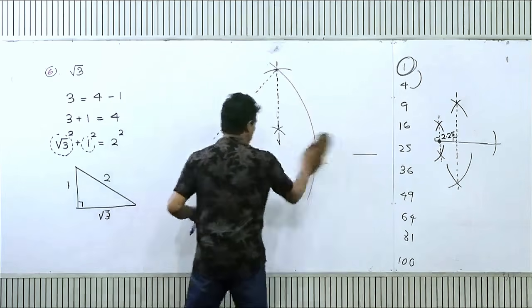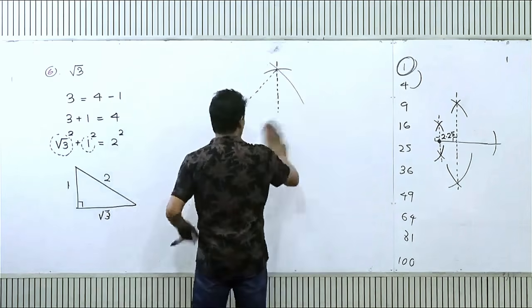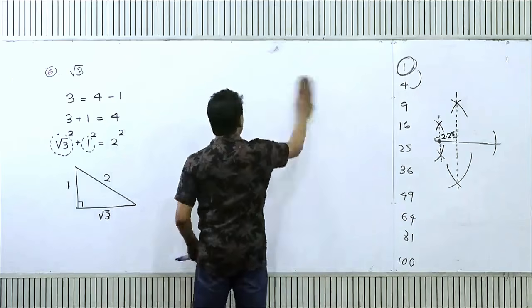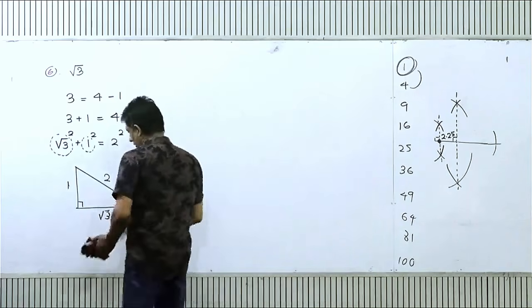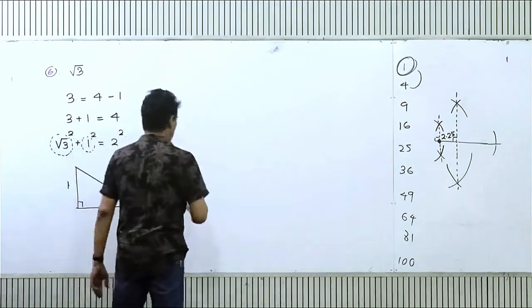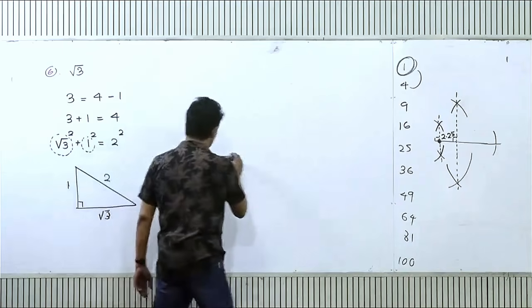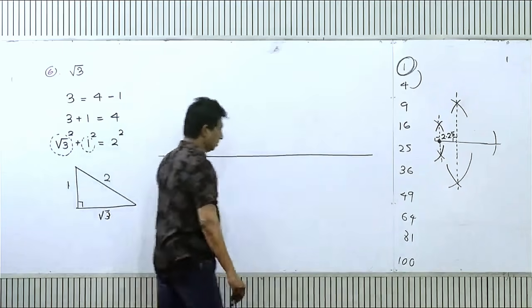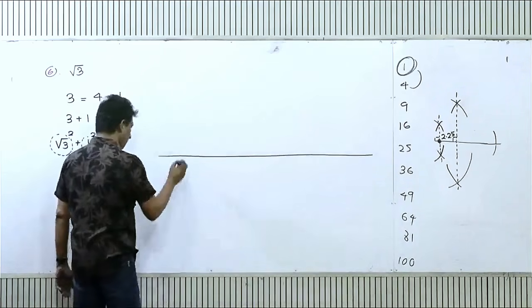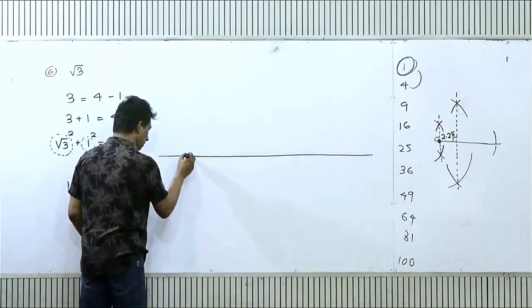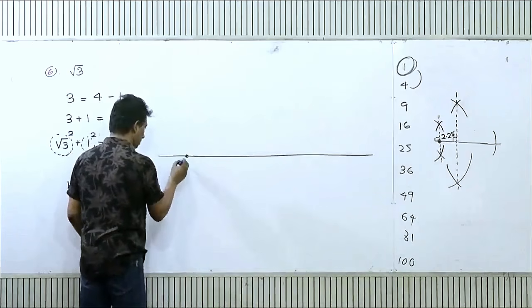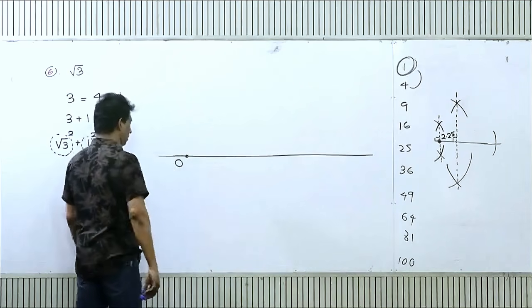Now we have to create a right-angled triangle this way on the real number line. This is the straight line. We have to mark a point here like that, and write 0 near it.